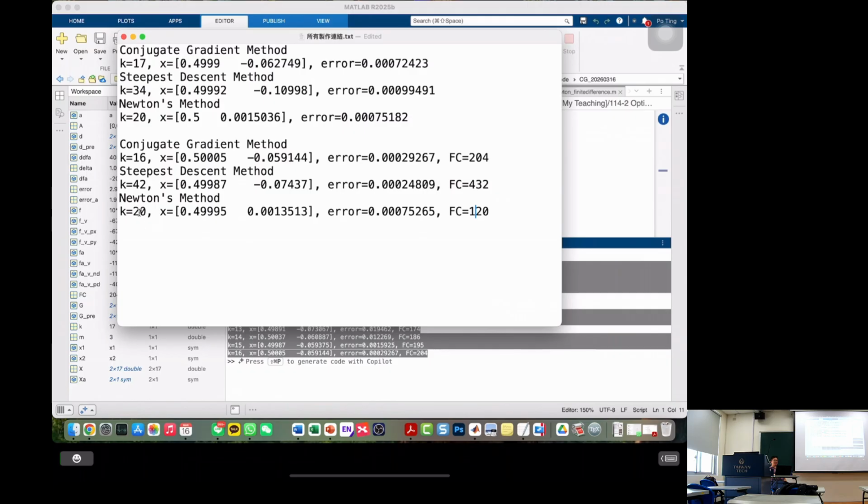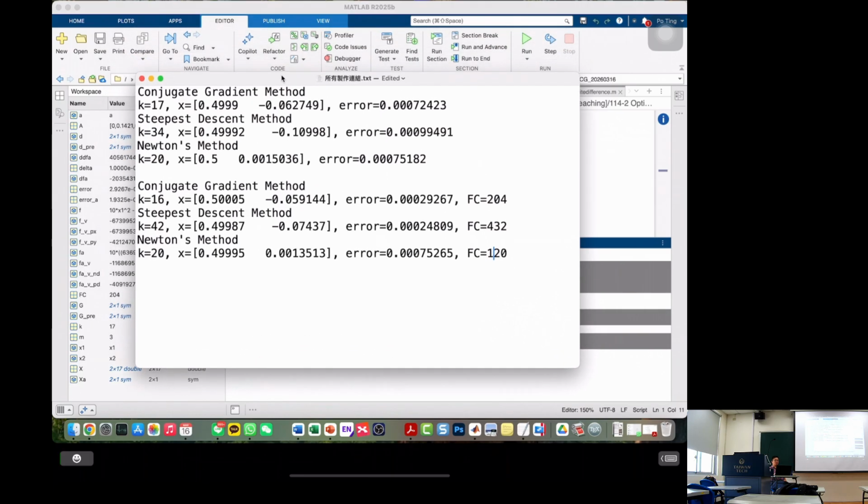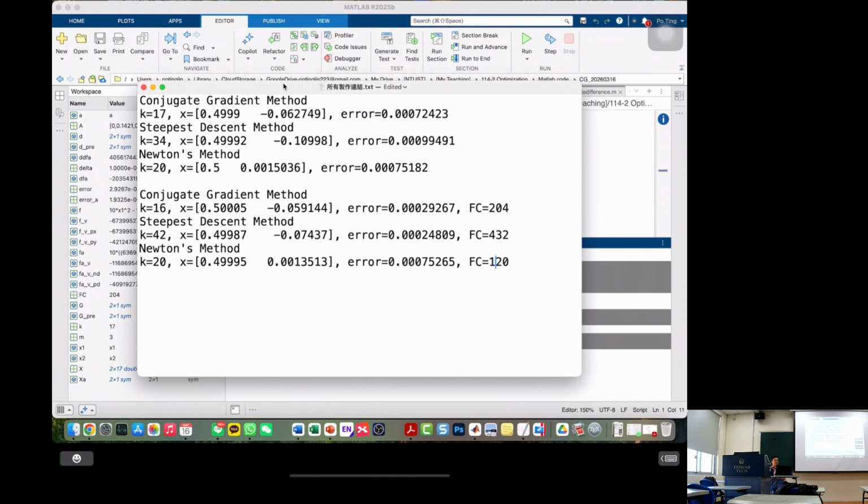But conjugate gradient is pretty good as well. So it really depends. For different problems, each method may perform differently. It's no guarantee. But here is just for you to compare the difference between them. Okay. So that's what I'm going to introduce today.